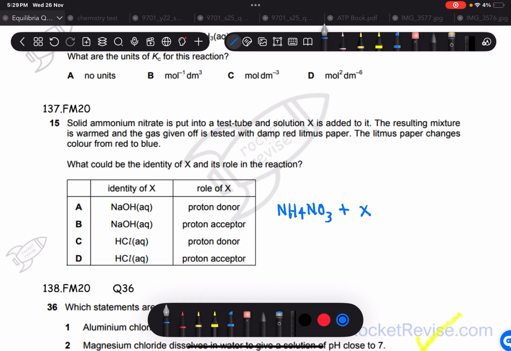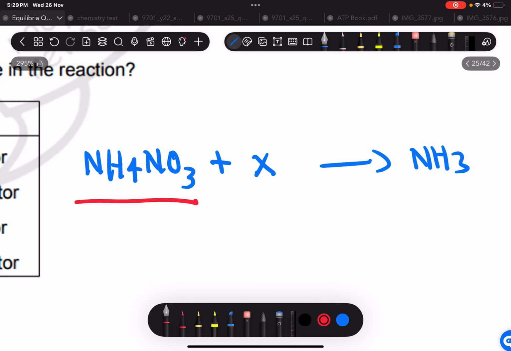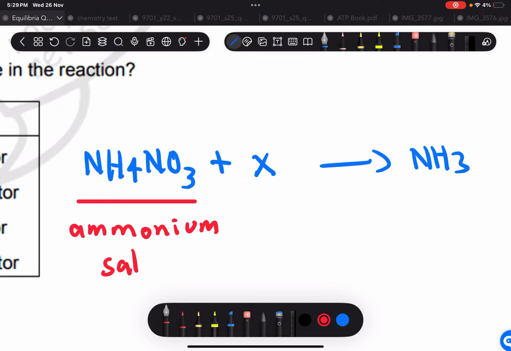Okay, firstly, you're producing ammonia gas. So basically, what is this? This is an ammonium salt, and this is ammonia gas.